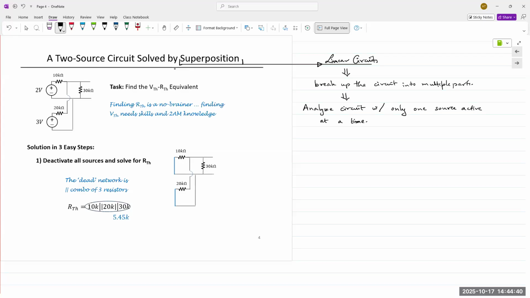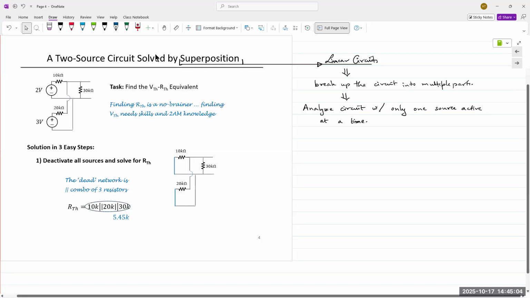And take a minute to, not a minute, but a few seconds to look at the circuit, and then we'll analyze it. How many of you have heard of superposition before? Okay, great. Have you applied it before for circuit analysis?